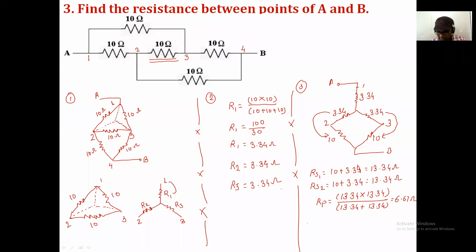So can I say that the resistance between points A and B is equal to RP plus 3.34, which is equal to 6.67 plus 3.34? So can I write it down as approximately 10 ohm, or near about 10 ohm? Yes, sir. So this is the resistance between points A and B.